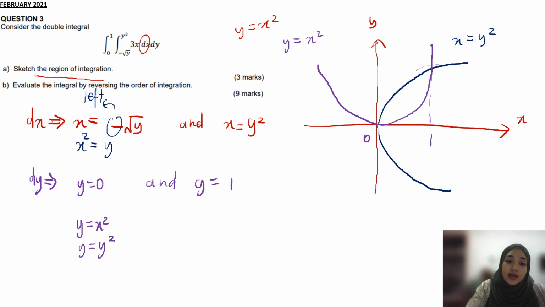You find the value of y. So 1 equals to y squared over y, and then you get y equals to 1. So here is 1. And after you put 1 into this one, x equals 1 squared, and then you get 1 here.